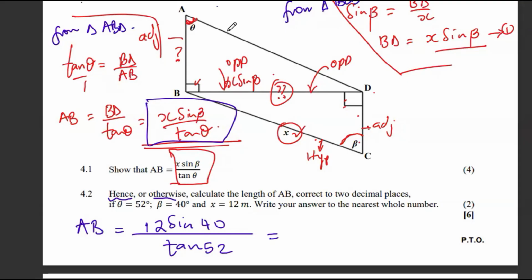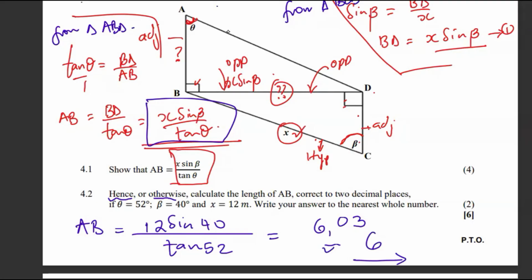So this is the sine of 40 over the tan of 52. I'm getting an answer of 6,03. They want it to the nearest whole number, which is 6. All right, so that is how we end up with the answer as requested.